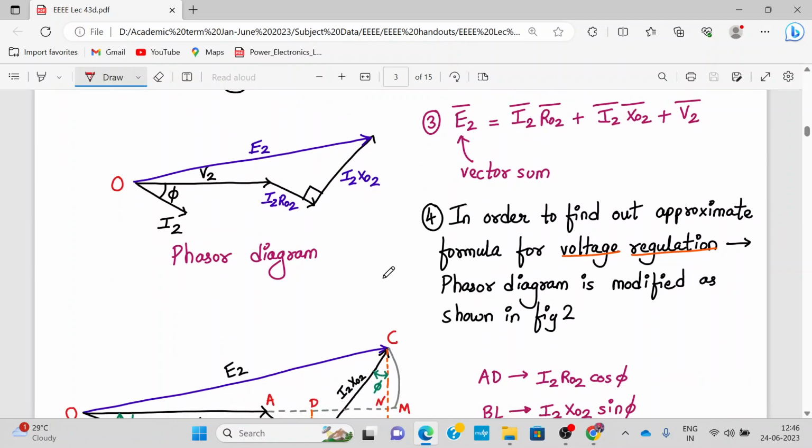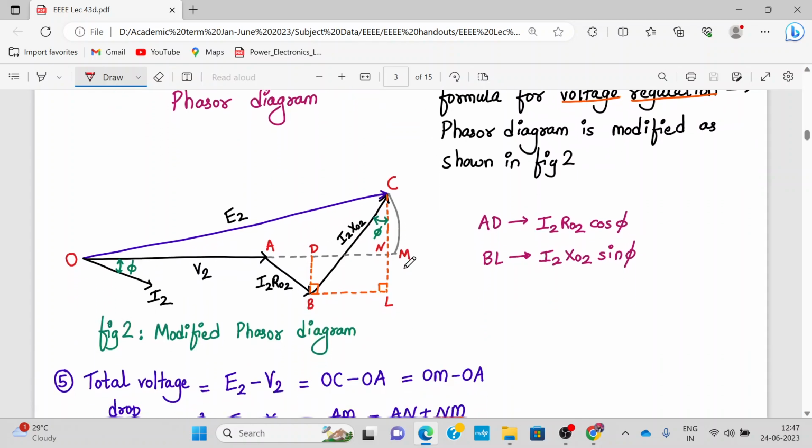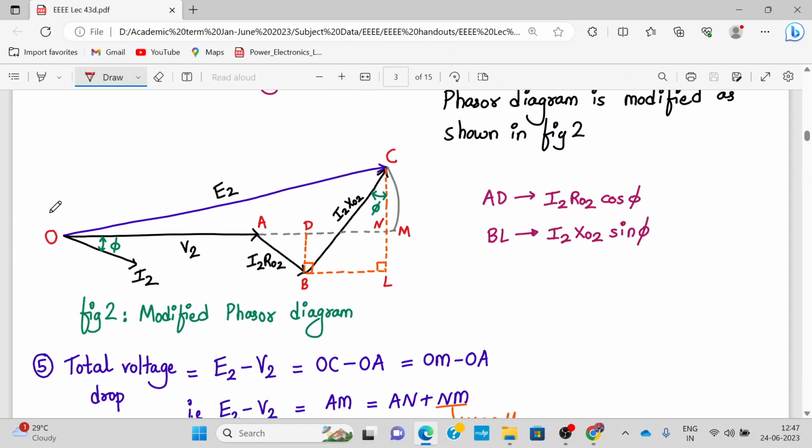Now, in order to find out the approximate formula for voltage regulation, the phasor diagram is modified as follows. So what we have done, we have drawn till O, E2, V2, I2 RO2 and I2 XO2. Now all these dotted lines are the extra additions. So you take O as the origin, take a protractor and draw an arc CM.